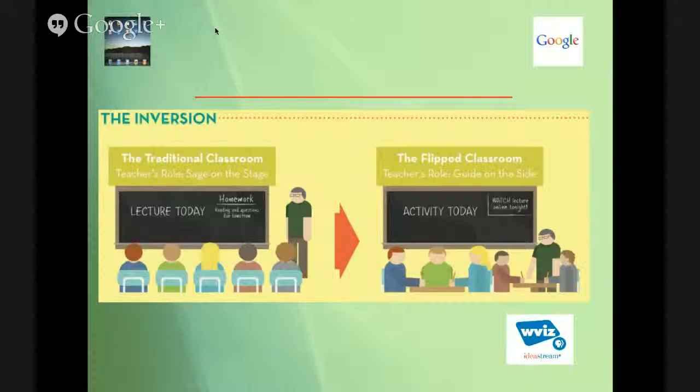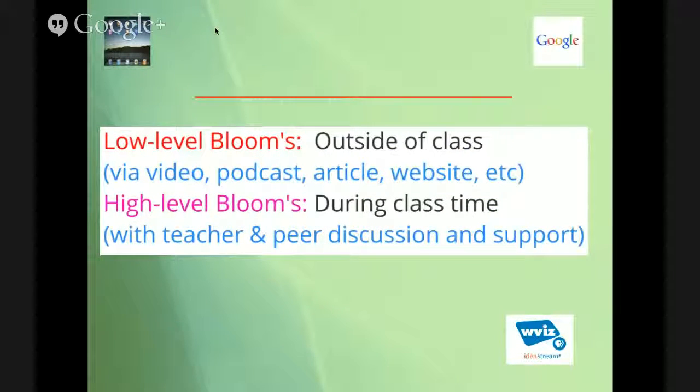What gets technical is in how we do it. But before we get into how we do it, let me provide some more information on why this is important and what the benefits are. Now I'm looking at the low level of Bloom's taxonomy. Outside of class, at the low level, there's videos, podcasts, articles, websites.